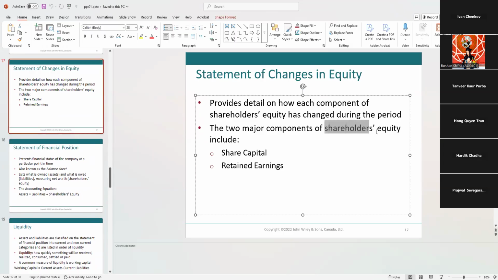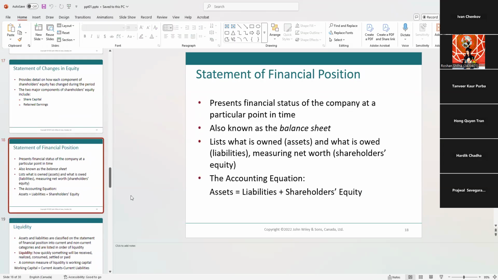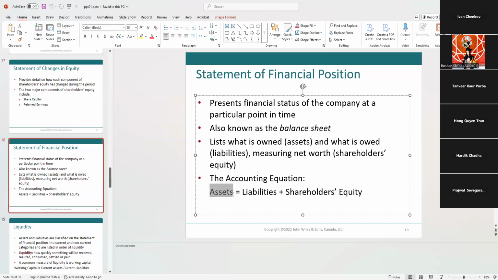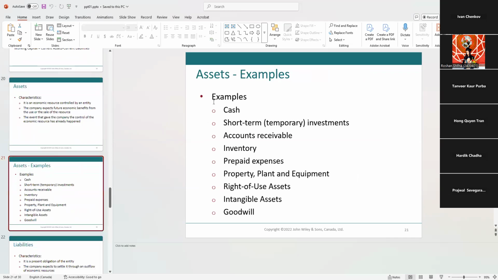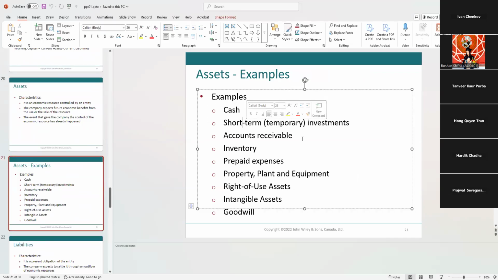So once we're looking at the statement of financial position, the other thing that we figure out is what the assets are, where the assets are, and how much liabilities we have, and to whom. Assets can be short-term and long-term assets. Cash, short-term accounts receivable, inventory, prepaid expenses, those are short-term assets. Property, plant, equipment, right of use, intangible assets, goodwill, those are long-term assets.